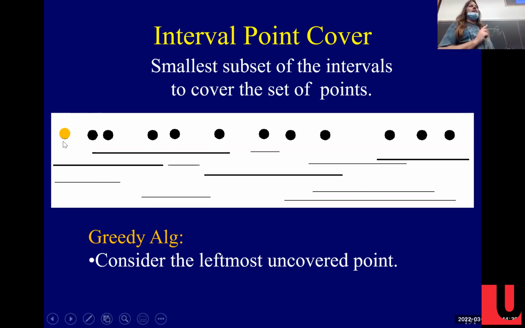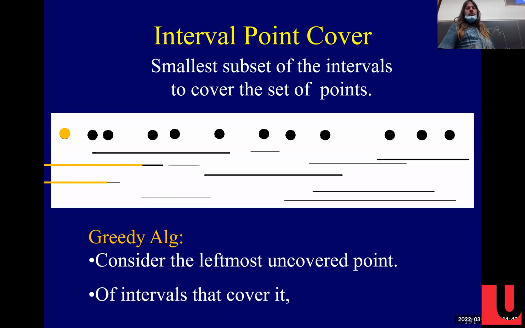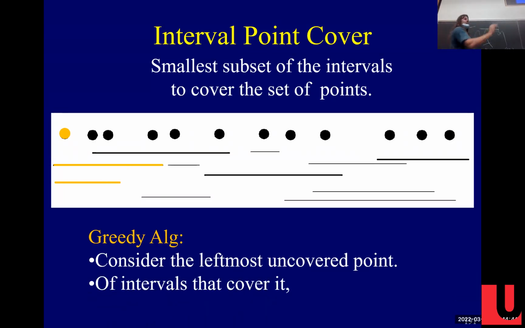Let's look at this leftmost point. It needs to be covered, so consider all intervals that cover it. And which one do you take? The one that goes right the furthest. We don't care about left, because we've covered the left.